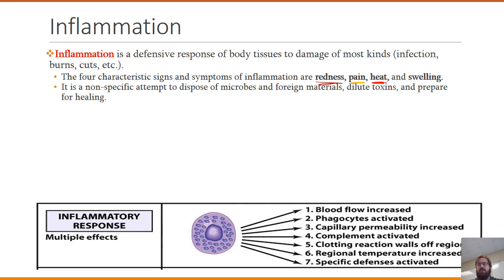Blood is about a degree warmer than your peripheral body temperature, so it tends to increase the heat of your tissues. And then there's also swelling. As you open up your permeable blood vessels, more fluid is going to leave the blood into the tissue, and that's going to cause the tissue to swell.